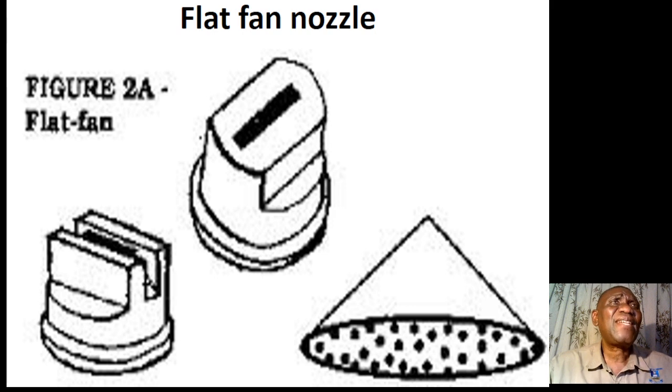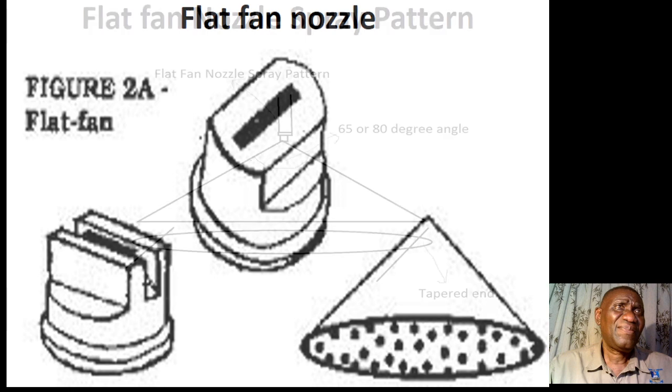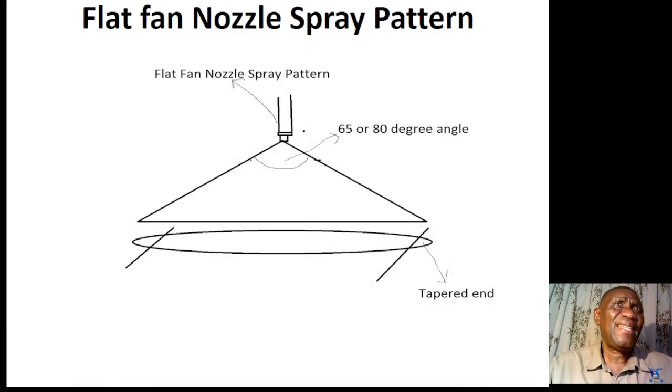This is the flat fan nozzle. Again, the flat fan nozzle spray pattern. Where the spray hits the ground, it forms that shape, and at the end it seems to be pointing outwards, and the straight line marks where the actual dosage will remain.